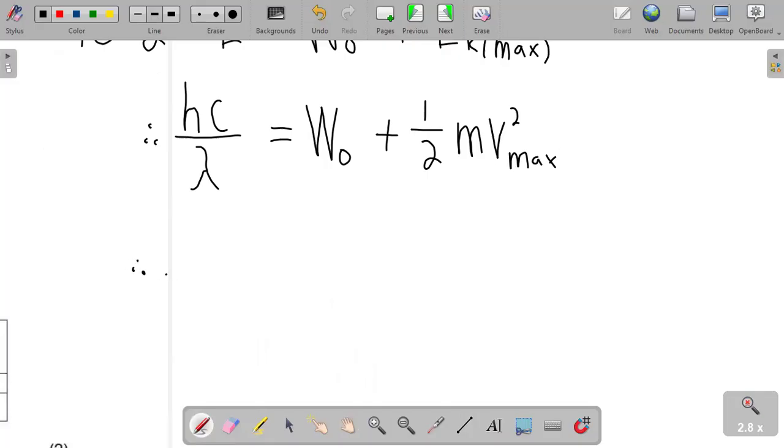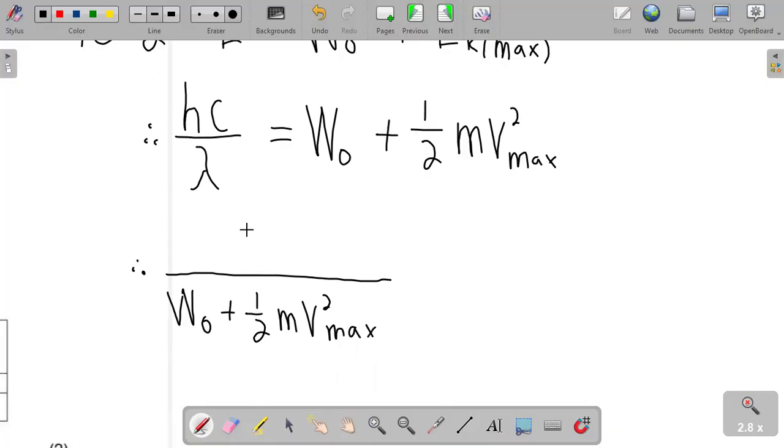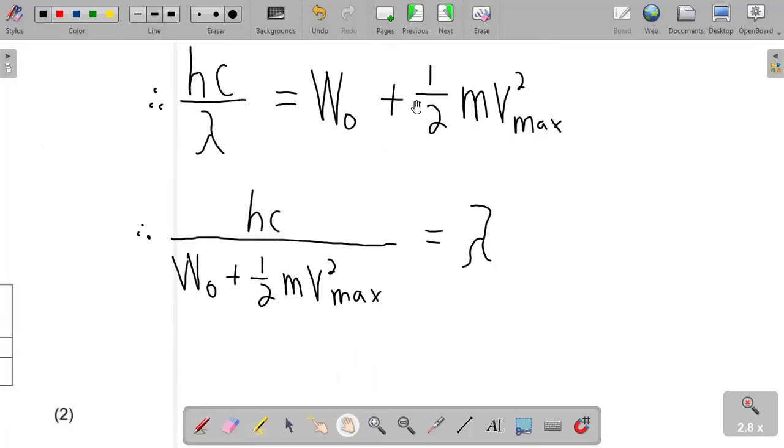So we take everything on the right and take it below, then it's going to be W0 plus half m v squared max, and then hc, equals the wavelength. So we just swapped. We took the wavelength this side, then we took everything this side where there is the wavelength.